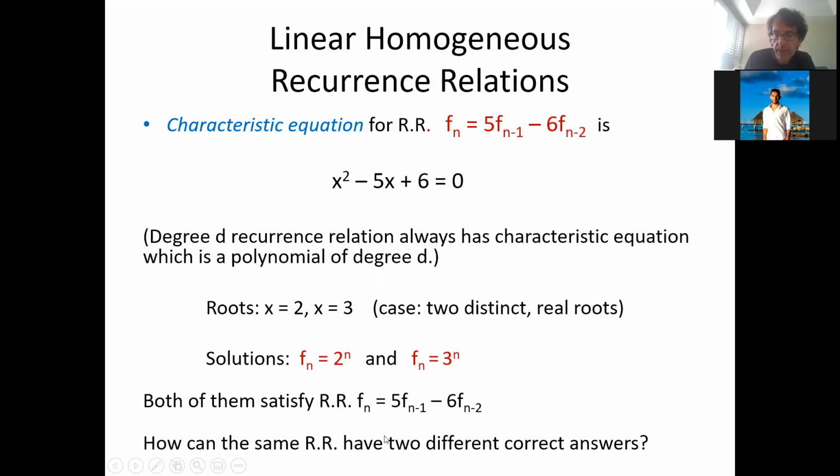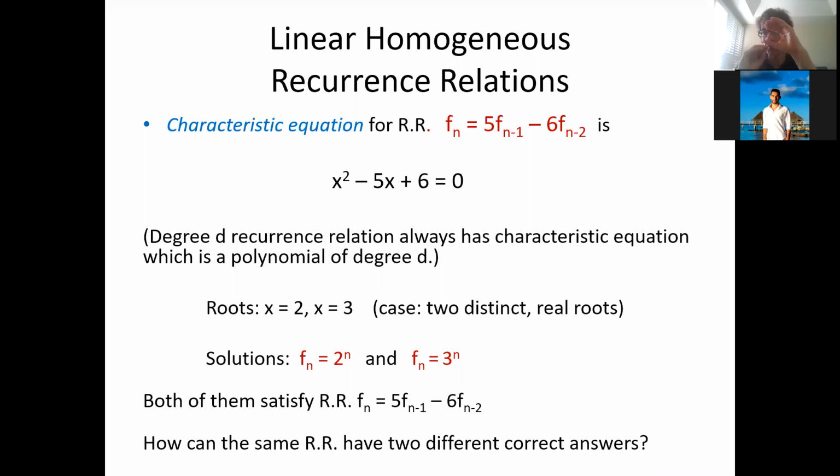How can it be that a single recurrence relation can be solved by two different functions? Well, the answer is it depends on the initial conditions, because the recurrence relation does not define a sequence yet. A recurrence relation together with base cases, these two things define a sequence.